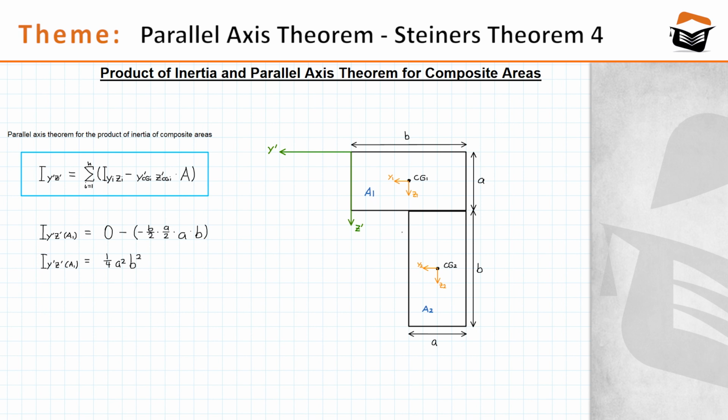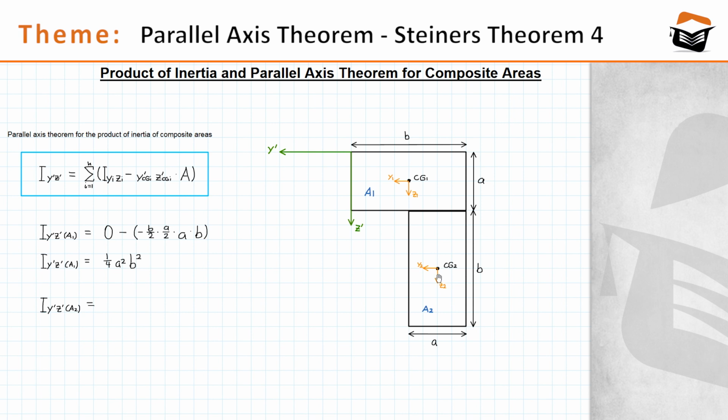And now we need to compute the product of inertia for the rectangle A2. And here, you need to check closely what is the distance between the reference coordinate system and the centroid of rectangle 2.